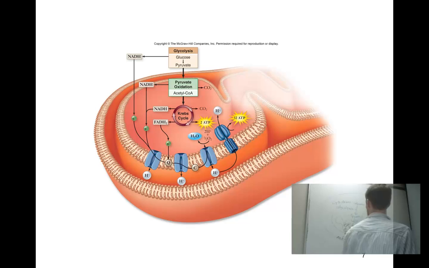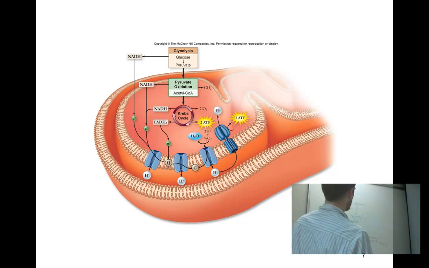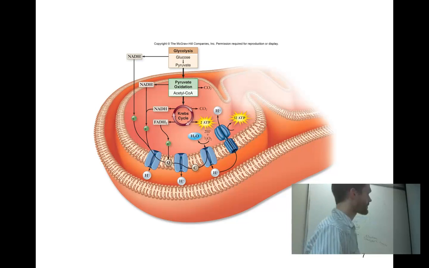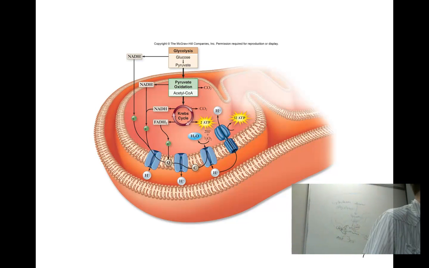So I had this drawn backwards. Hydrogens go out here, and then go inside. So which part on there is the ATP synthase? Chemiosmosis is these hydrogens going through the proton pump.